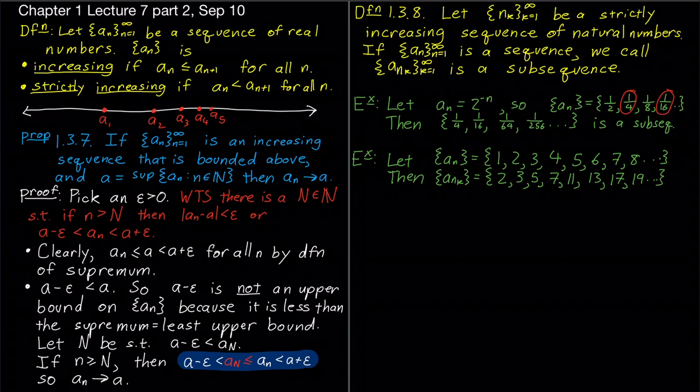I can just grab all of the prime numbers in order, and that gives me a subsequence. So a couple of things I want to emphasize. This is not a subsequence.